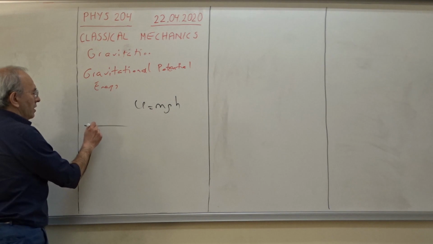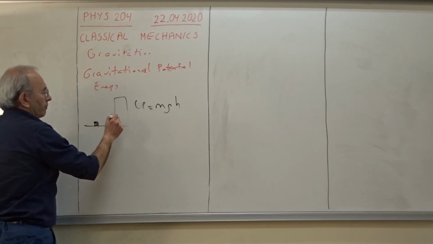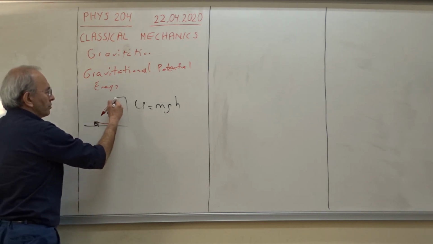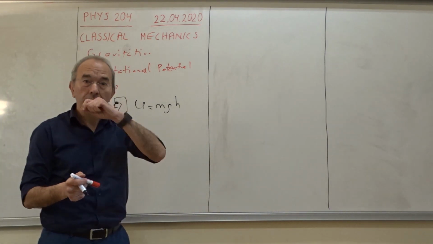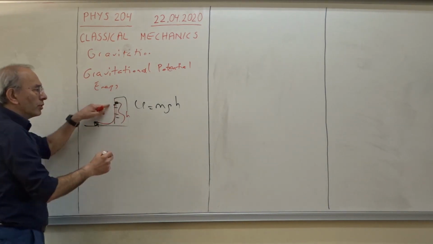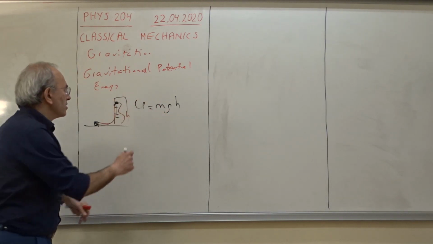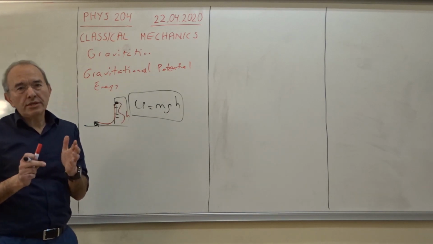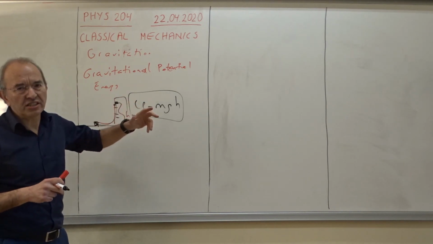For example, if we have a block on the ground and we lift it to a height h in a building, then when this object is brought to a higher position, it has a certain potential energy of mgh. It doesn't use it now, however, it has the possibility of using it.